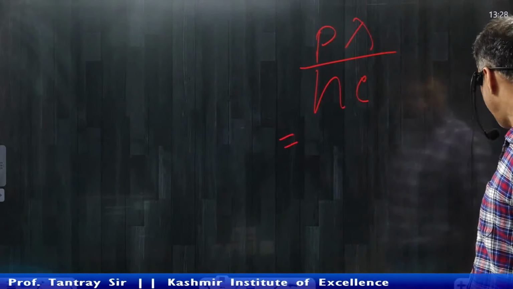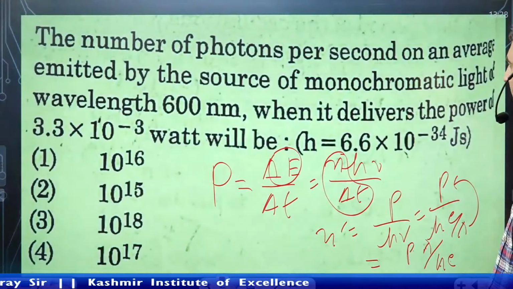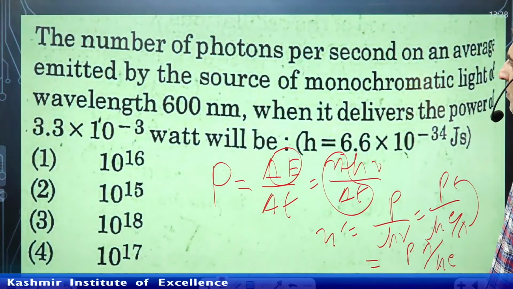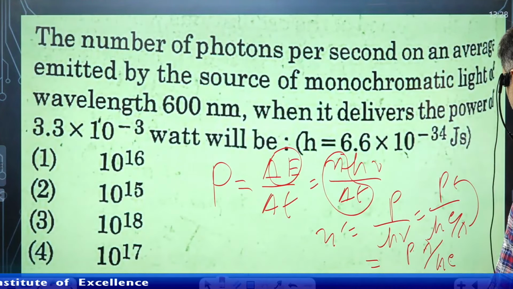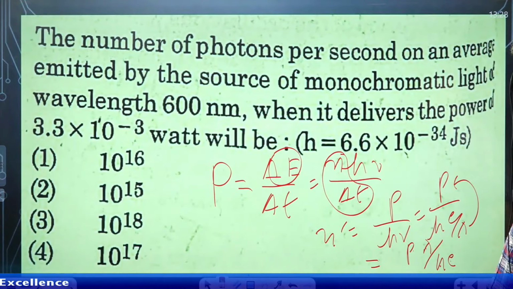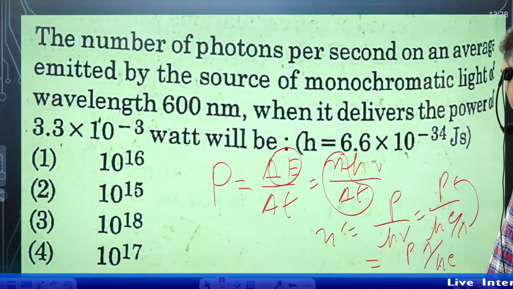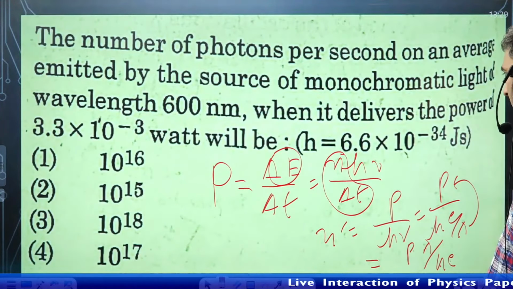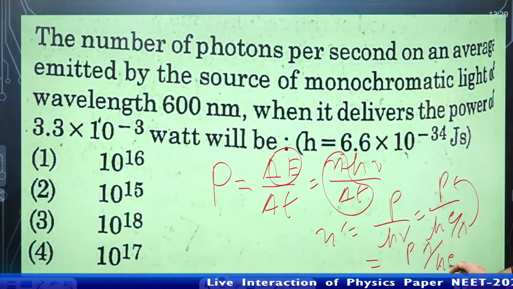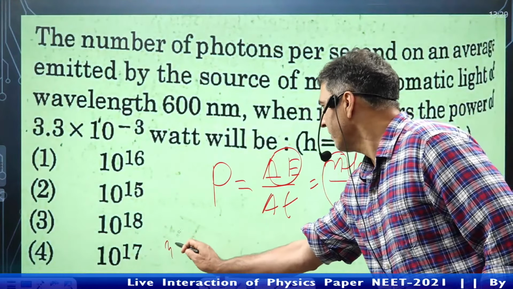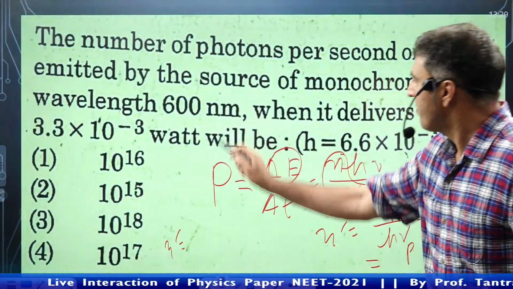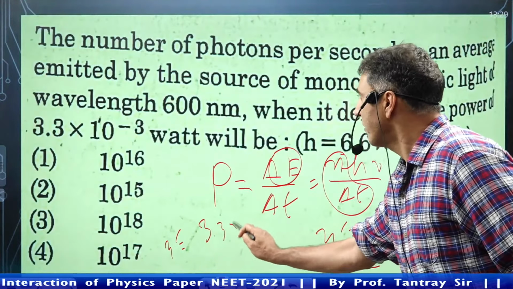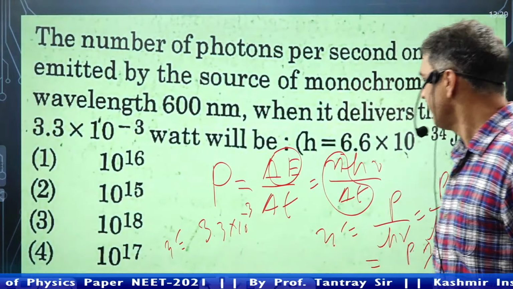What is P? I have to substitute for P. I want to solve it here only. n prime is equal to, what is P? P is 3.3 into 10 raised to the power minus 3.